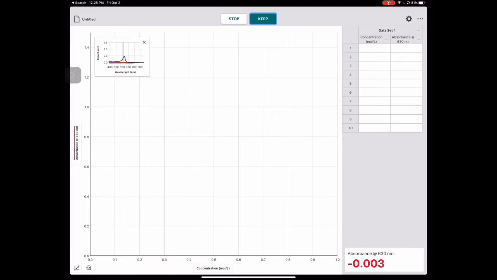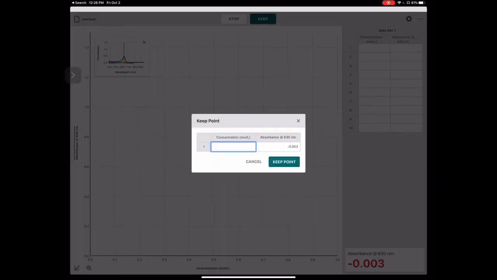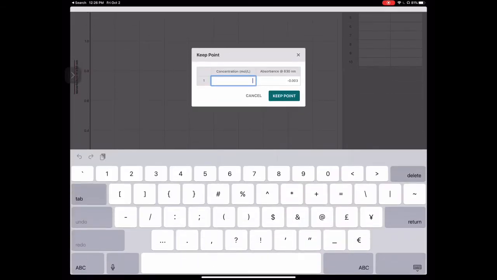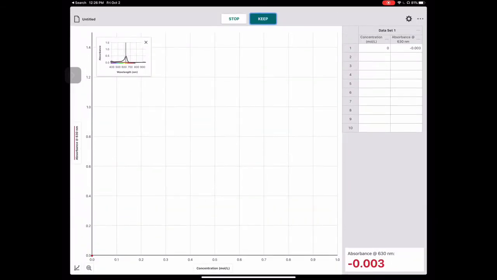It is adjusting, so very little of the light is being absorbed as we would expect from a sample that is just water. Now I'll press Keep and enter the concentration. Right now it's 0 molar, and I get my first data point on the graph.